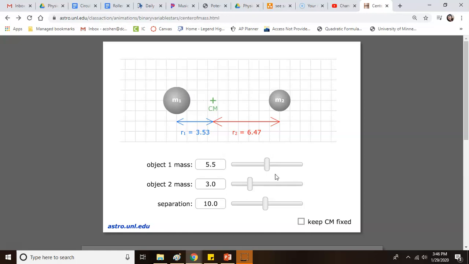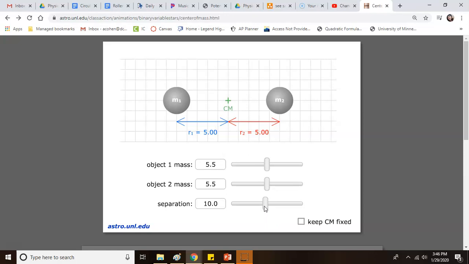If we were to make object 2 bigger, then the center of mass should move closer to M2. And sure enough, the bigger M2 is, the more the center of mass moves towards it. Now, let's make them the same amount of mass. So both their masses are 5.5, so the center of mass is directly in the middle.